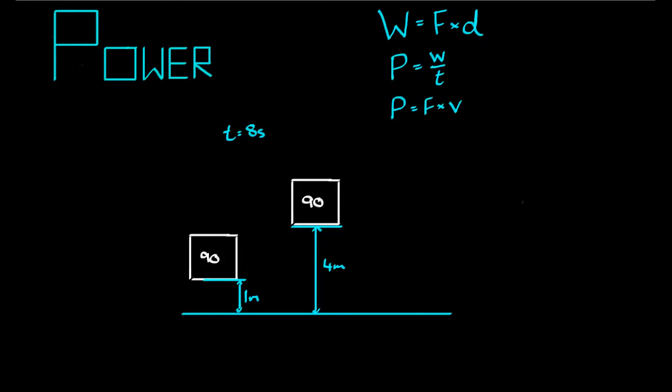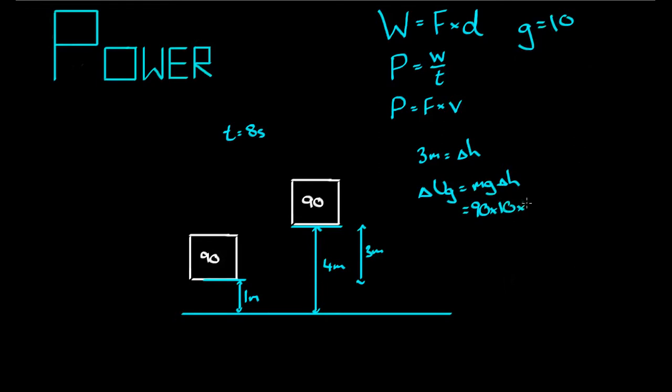So let's think about this fridge. In order to lift it up, the 3 meters is equal to the change in height. And the change in gravitational potential energy is equal to mg times the change in height. So that's 90 times g, which is 10 in year 12 physics, so 10 times 3, which is 900 times 3, 2,700 joules.